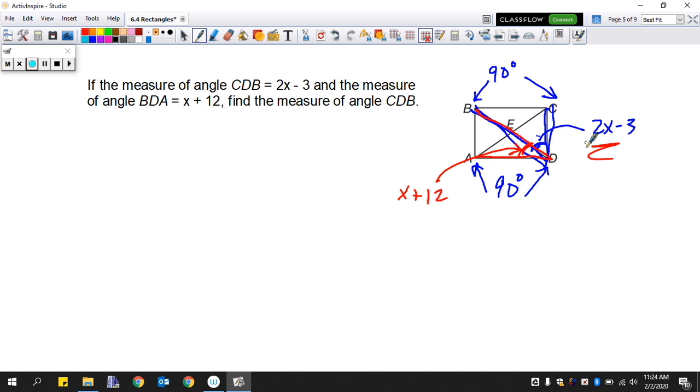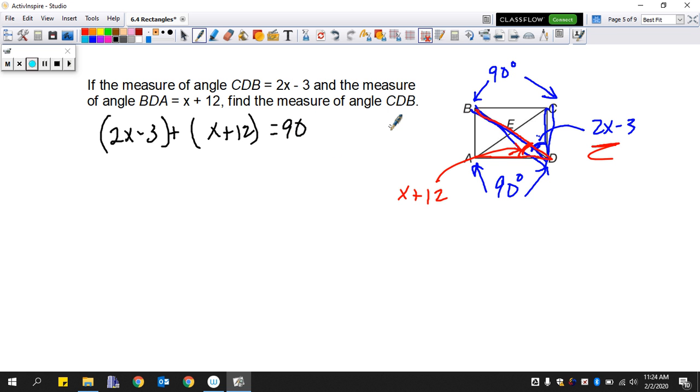So we're just going to say 2x minus 3 plus, this is the first angle, plus x plus 12 is going to be equal to 90. All right.